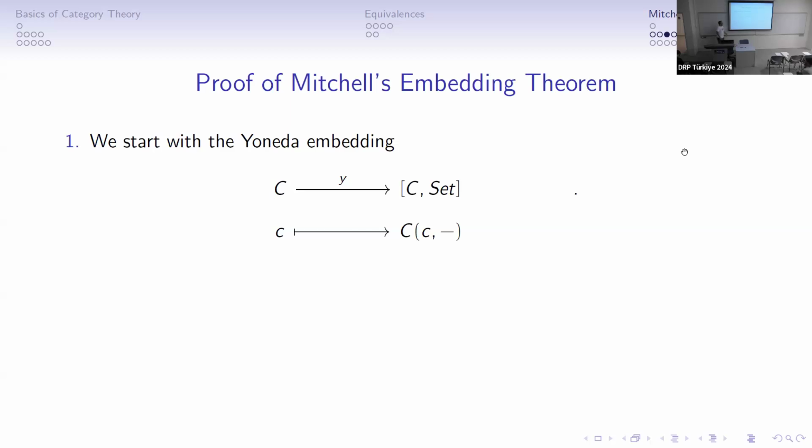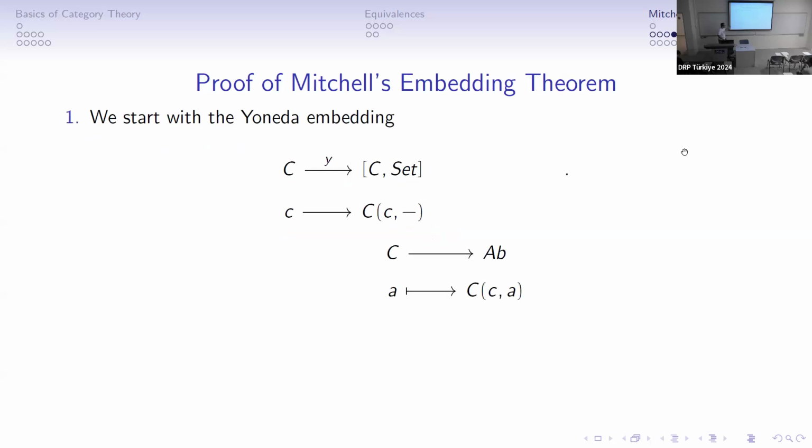Now we can start our proof. We take C as an abelian category. Since C is abelian, the hom sets are also abelian groups. So if you remember, this covariant functor was from C to Set, but since these are abelian groups, it becomes a functor from C to Ab, the category of abelian groups.